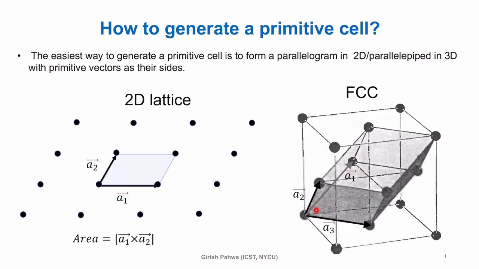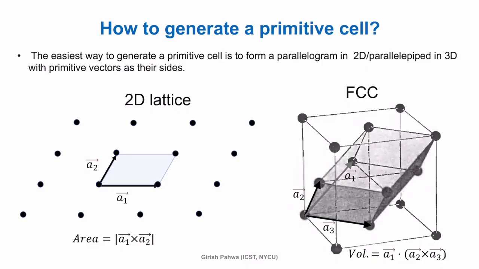So this gray means this is behind. Okay, this means it is at the front, so like this, and you get a shape called a parallelepiped, the 3D version of the parallelogram. If you look at its volume numerically, the volume will always be equal to A1 dot A2 cross A3.